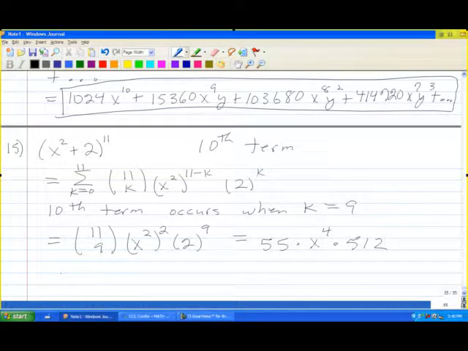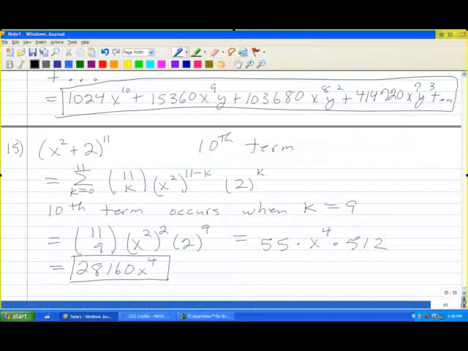And so the 10th term is 28,160 x to the fourth. And that is the 10th term in this expansion.